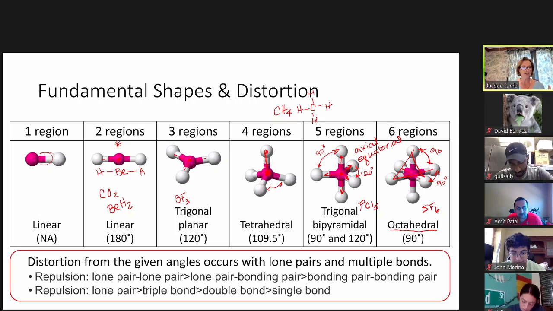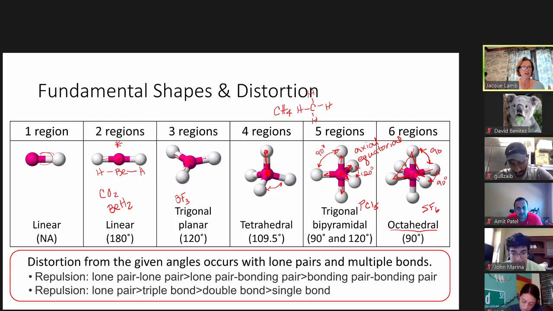Double bonds, if you have double bonds, you're sharing 4 pairs of electrons. Those also want to spread out a little bit because you have 4 pairs of electrons being shared between 2 atoms. So you get a little bit more repulsion. If you have 2 lone pairs on the same atom, they tend to repel each other most.